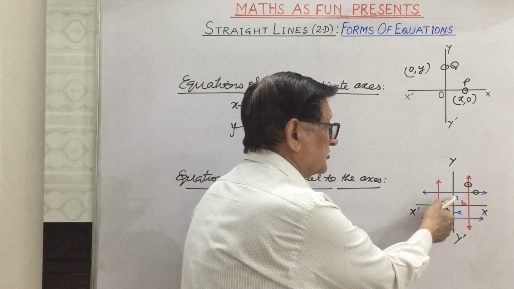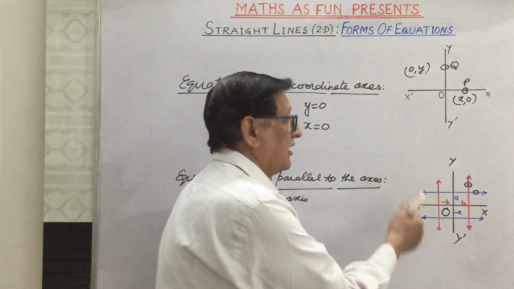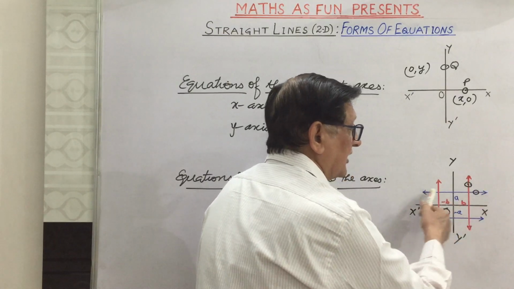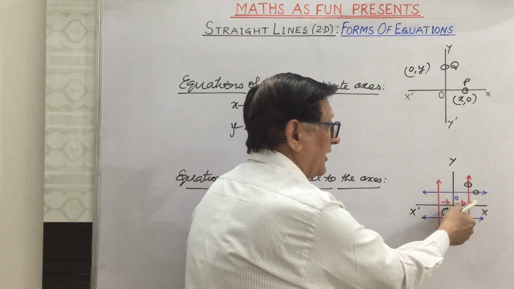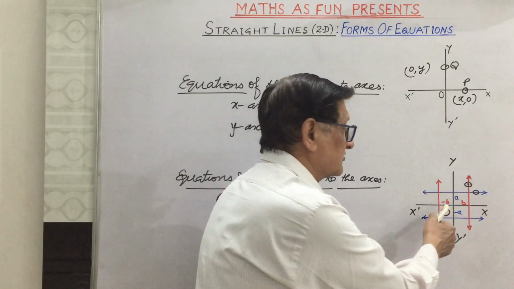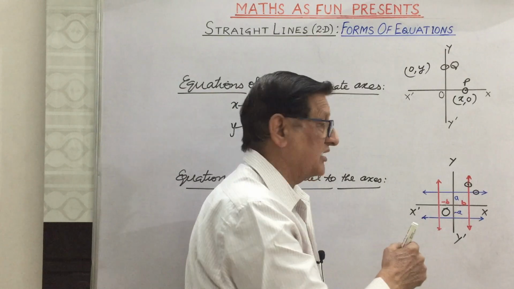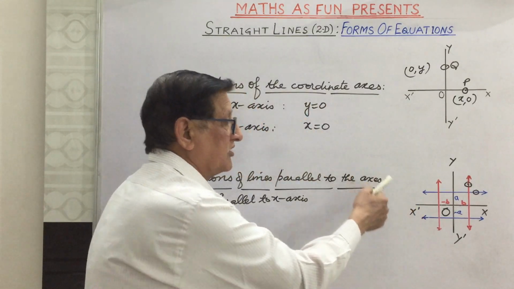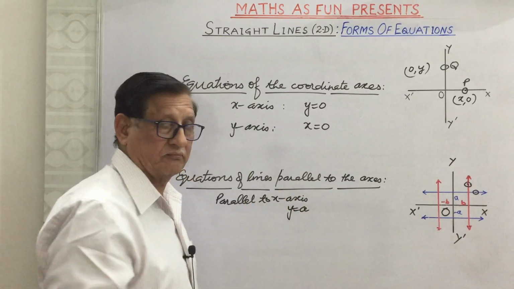This line is on the positive side, this is on the negative side, and we find every point lying on this line will have its y coordinate as a, because the distance from x-axis is a. And hence we can say that the equation of this can be taken as y equal to a.